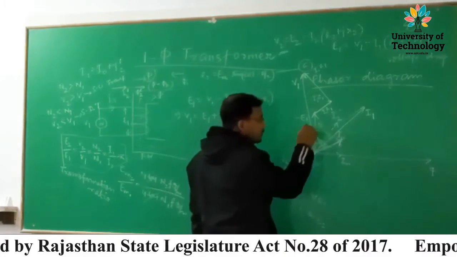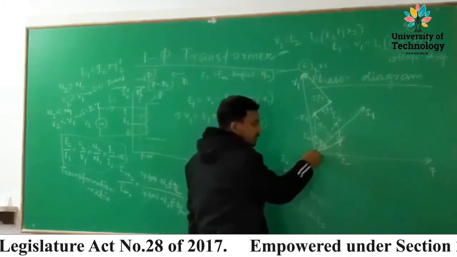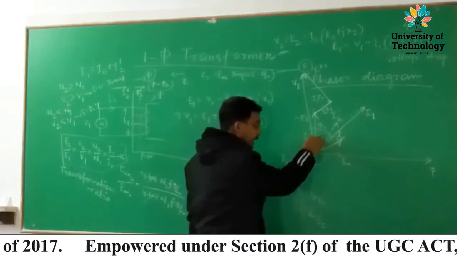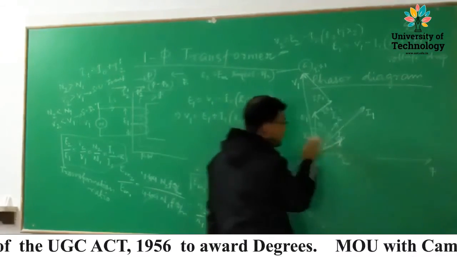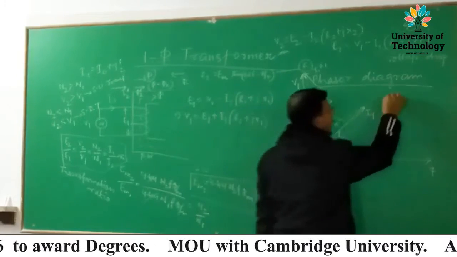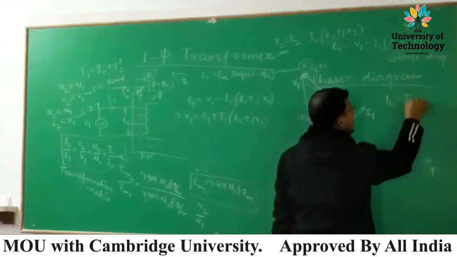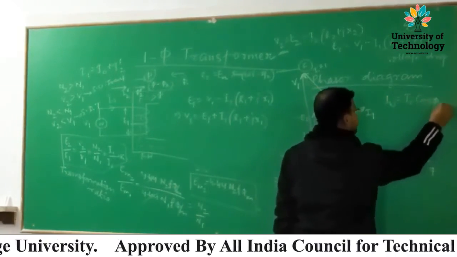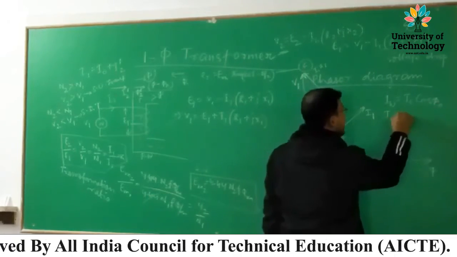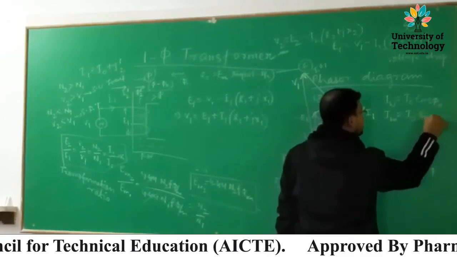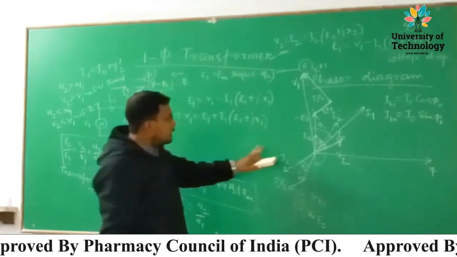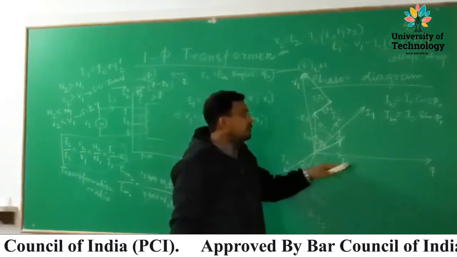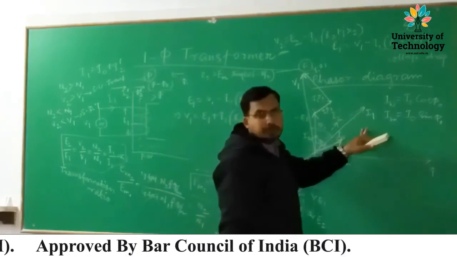Now, what is IW? It is the adjacent side of I0. If you resolve I0 into two components, IW is I0 cos phi 0 and IM is equal to I0 sin phi 0. So these are the two equations we get from this phasor diagram.